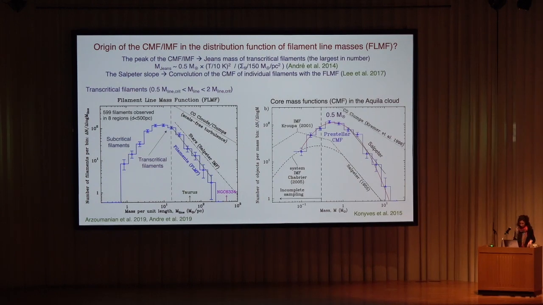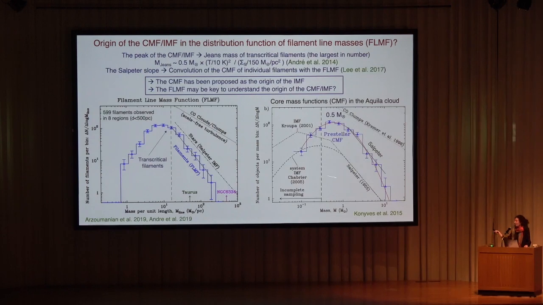And also, on this filament line mass function, we can see that for the supercritical filaments, the filament line mass function shows a slope which is of the order of the Salpeter slope of the IMF, which is also seen in the core mass function, which suggests that the core mass function is inherited from the filament line mass function, where higher mass cores form along higher line mass filaments.